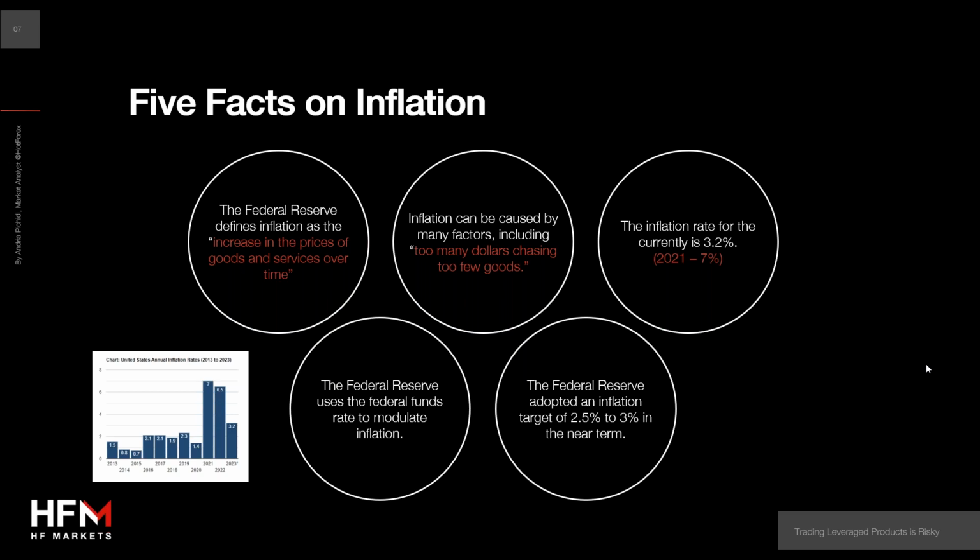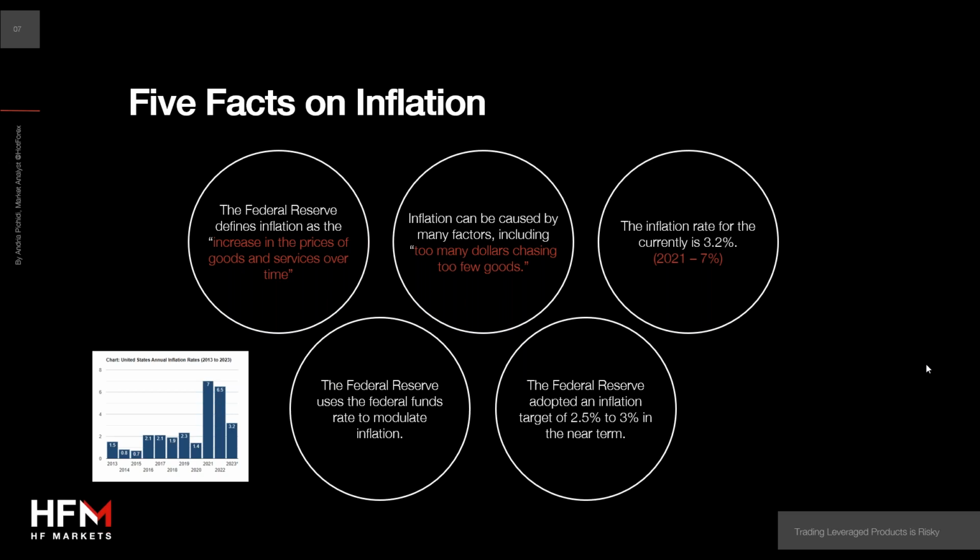Third fact, the current inflation rate in the US is 3.2%. The highest it has been in the last few years is 7%, in 2021. What happened in 2021? Even though, as you can see, the latest reading that we have seen was just last month, it's low relative to the high one.